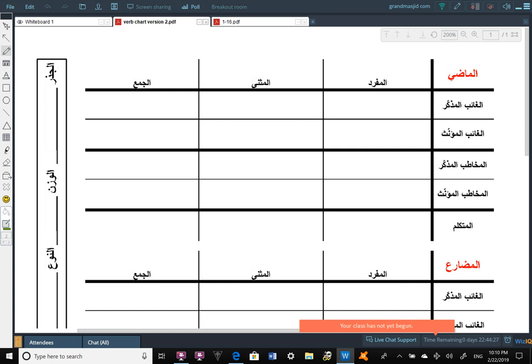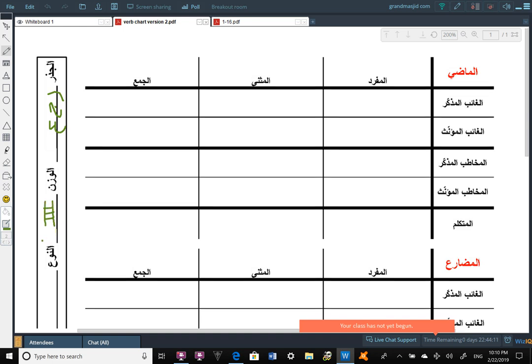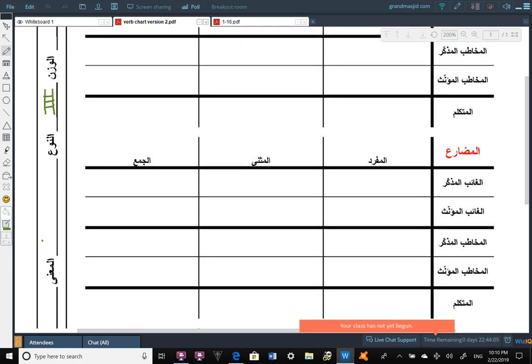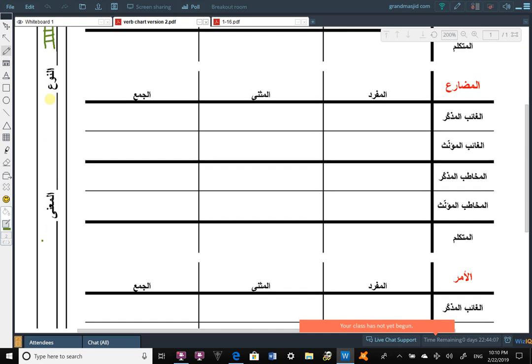Today's root letters are ra, jim, ain. As we said, the wazn is Form 3. The type is Sahih, Salim.